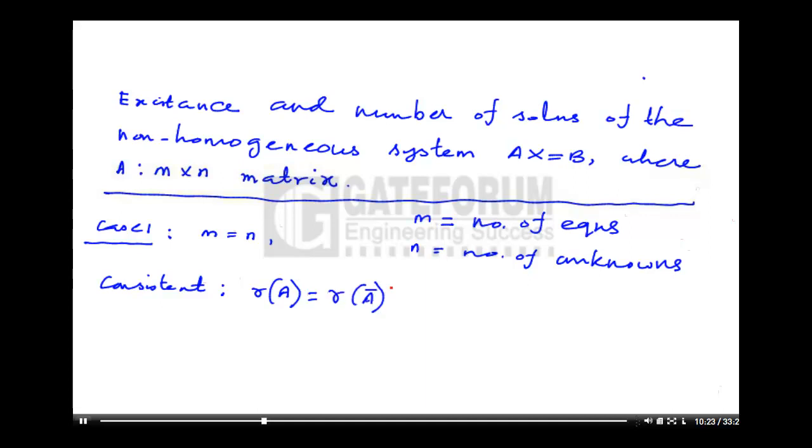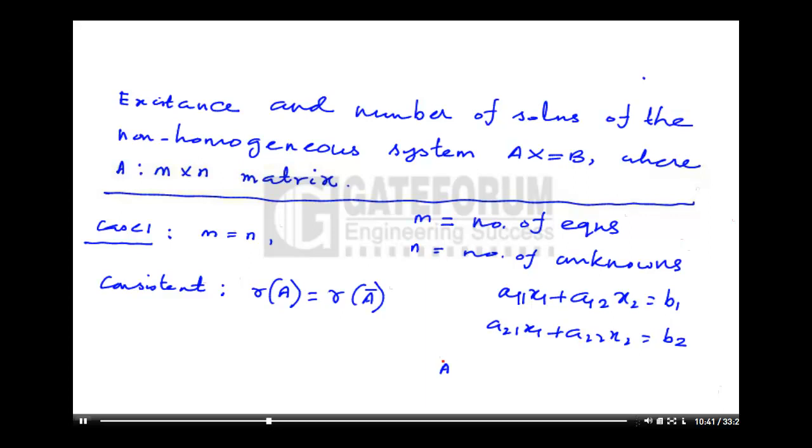Now what is augmented matrix? Here consider the system as this: A11 x1 plus A12 x2 equal to B1, A21 x1 plus A22 x2 is equal to B2.